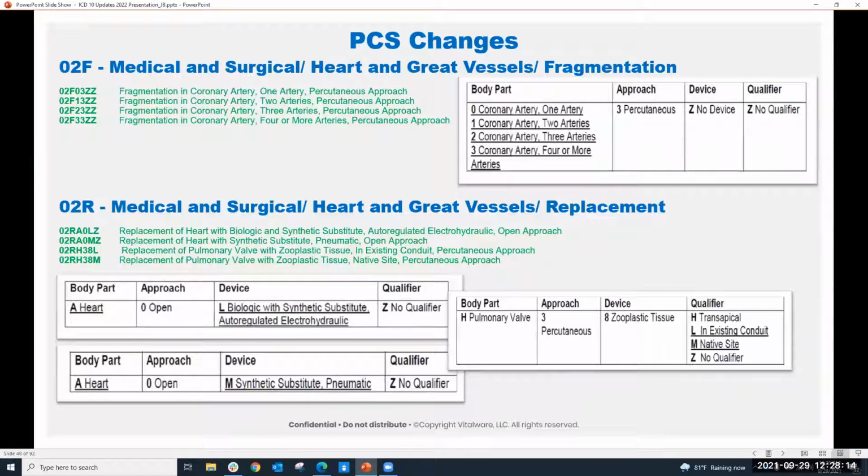The table directly under it identifies implantation of a total artificial heart system that has external pneumatic drivers. An example of this would be the Carmat total artificial heart system. And then the last table here allows distinguishing transcatheter replacement of the pulmonary valve at an existing conduit versus a native site.